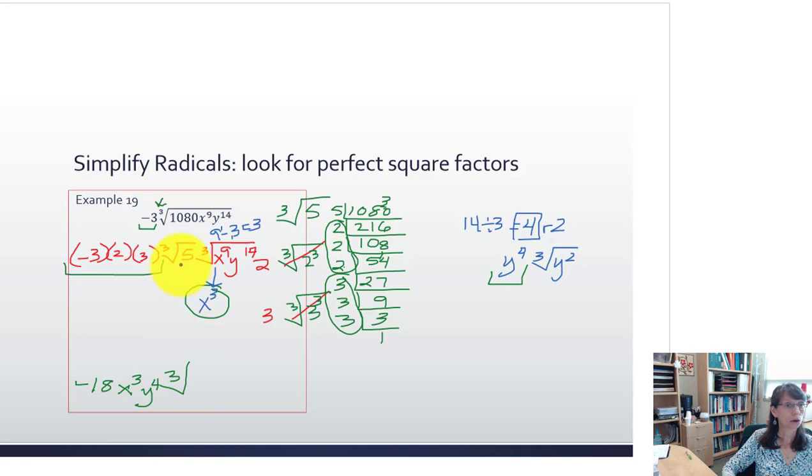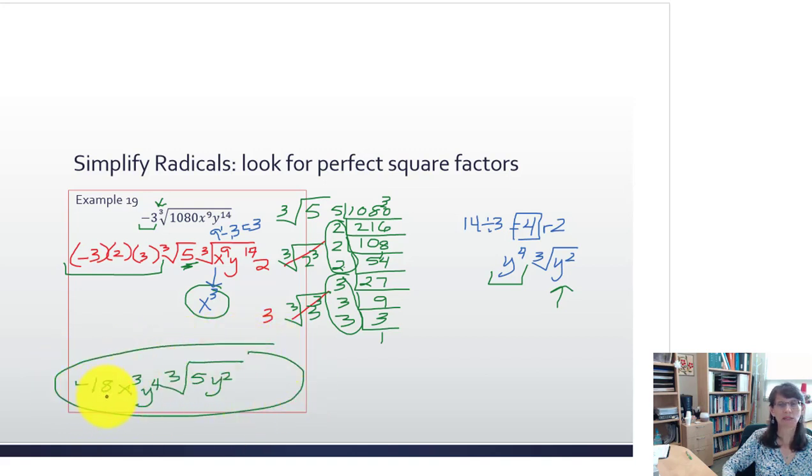We've got our coefficient of 5. Then alphabetically, we did not have any x remaining. But over here we can see that we have the cube root of y squared. So I do have a y squared under that cube root. Here's our final answer. -18 x cubed y to the 4th multiplied by the cube root of 5y squared.